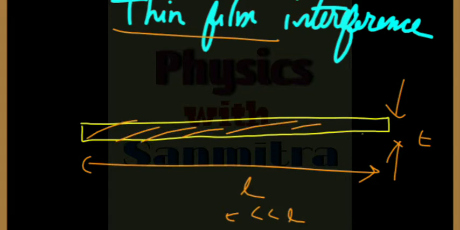Now what forms a film? Suppose I am spreading oil on a surface. This is my surface and I am spreading oil on it. Now suppose I am incident a light here and it comes like this.